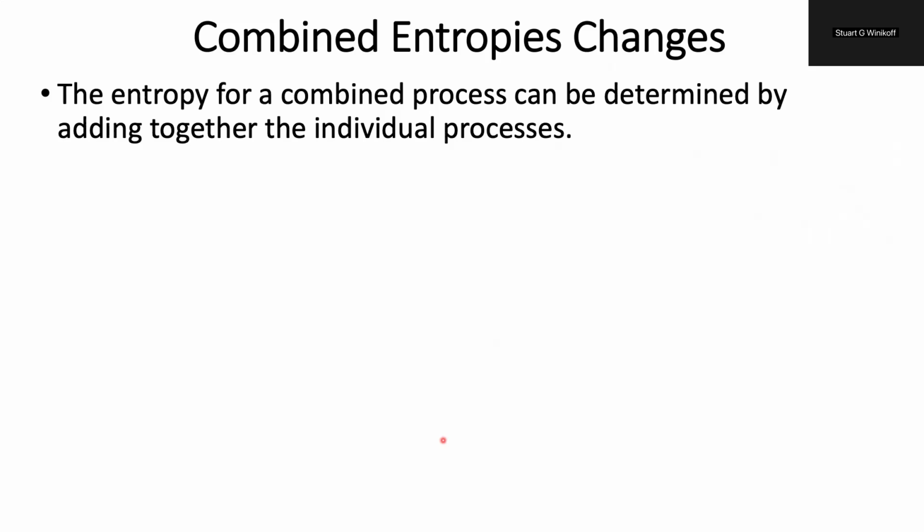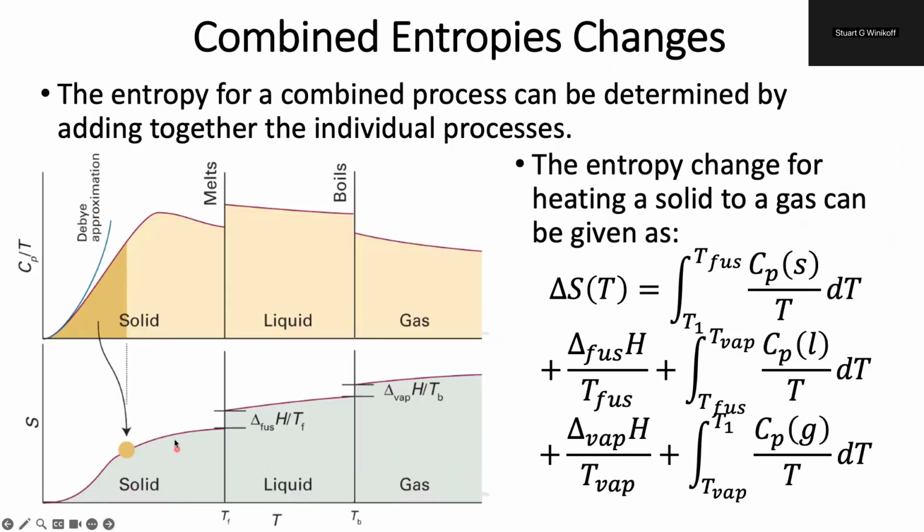So for example, let's say I'm going from a solid to a gas. Now I've got a slight issue, because that's a lot of changes. I have to figure out how the entropy changes as I heat the solid, as I undergo the phase change, then as I heat the liquid, then as I vaporize that liquid, and then as I heat the gas.